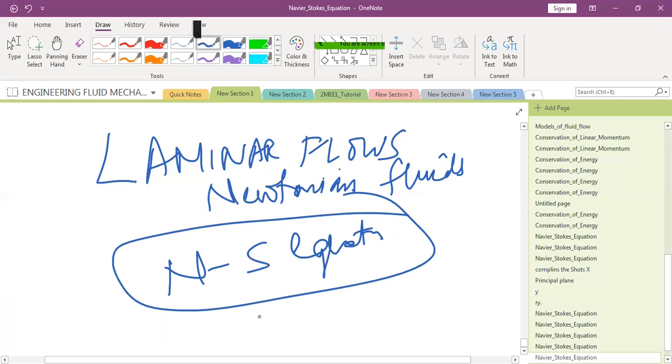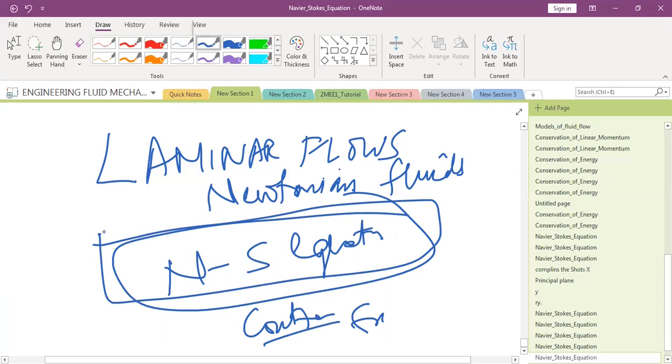All other equations, whether Couette equation, Poiseuille equation, Euler equation, any equation you name, is actually a special case of the Navier-Stokes equation. So that is the power of the Navier-Stokes equation. And you will get to know why we require other equations.